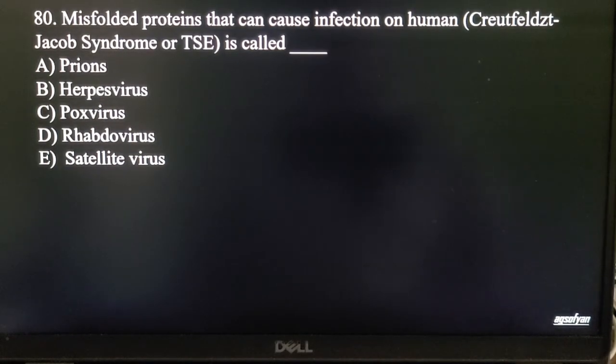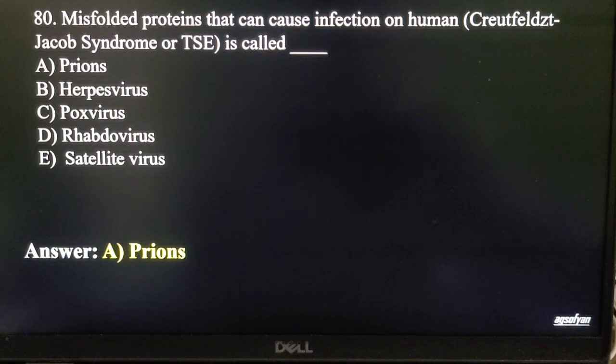80. A misfolded protein that can cause infection in humans, Creutzfeldt-Jakob syndrome or TSE, is called prion, herpes virus, pox virus, rhabdovirus, or satellite virus. Choose your answer. Yes, we already mentioned this. This is prions. A prion is a misfolded protein that can damage the human brain.